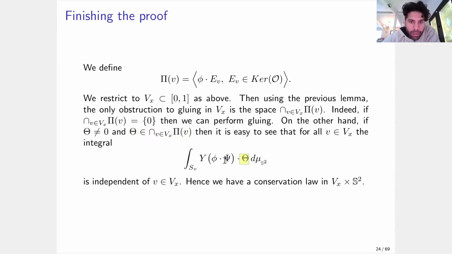If you multiply them against this transversal derivative of your scalar field, and you integrate over the sections with respect to the round metric, this integral will be conserved, independent of V.